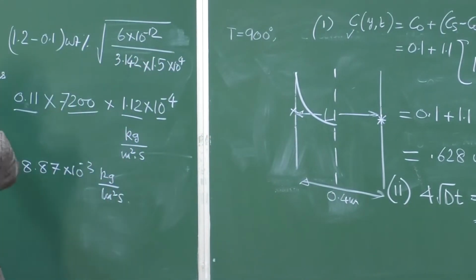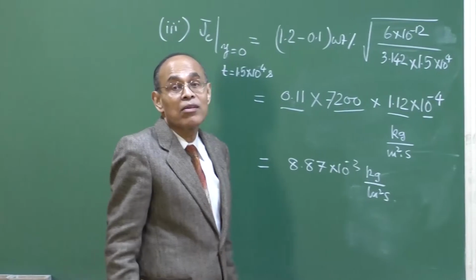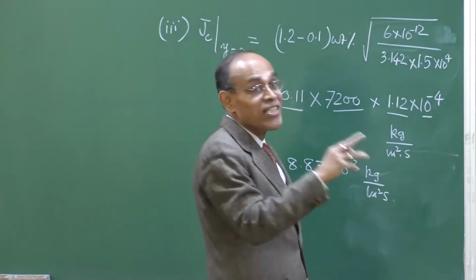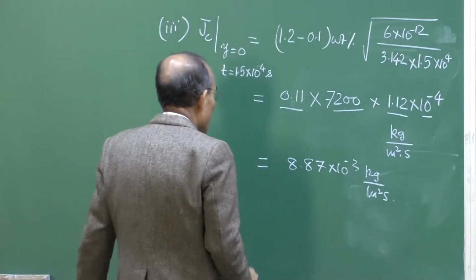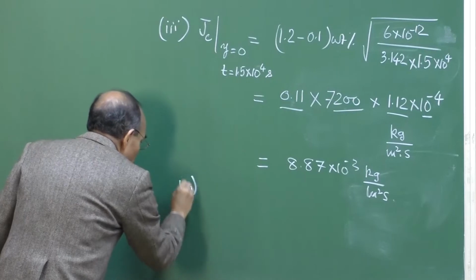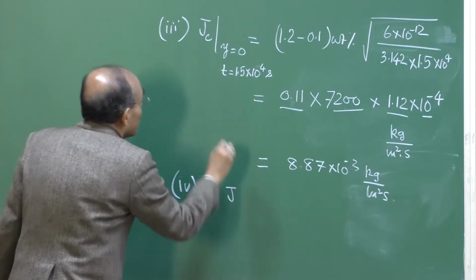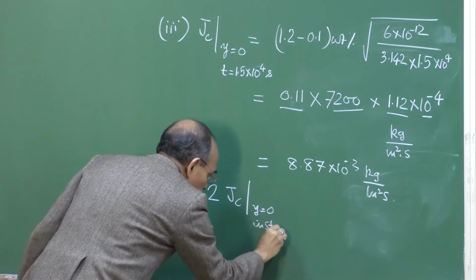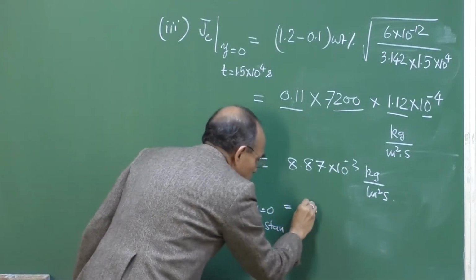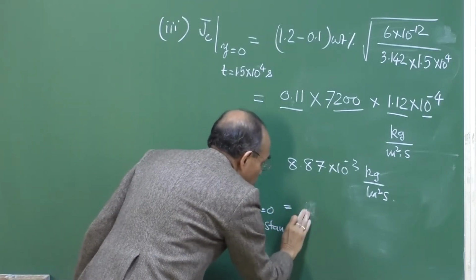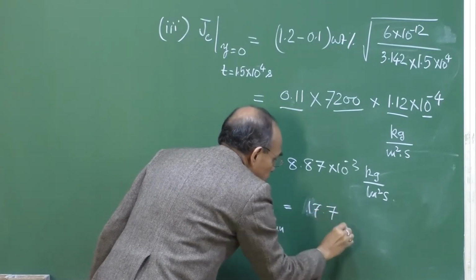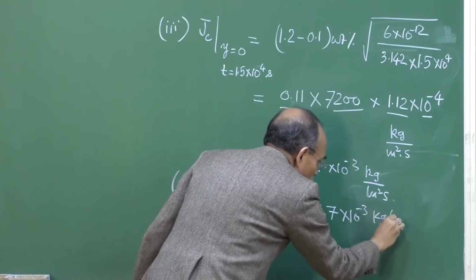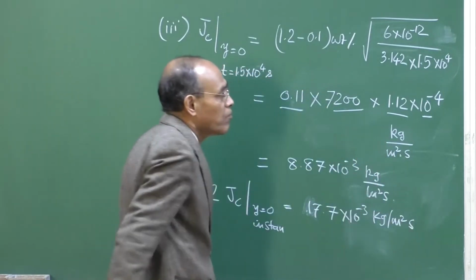So, the flux is going to be a function of time, and therefore you have to do a time averaging to find out the average value of the flux, and that average value of the flux is nothing but 2 times J of C at y is equal to 0 instantaneous. And so, this is equal to 17.7 into 10 to the power minus 3 kg per meter square per second.